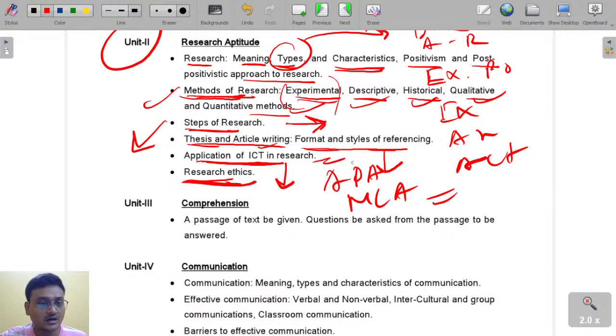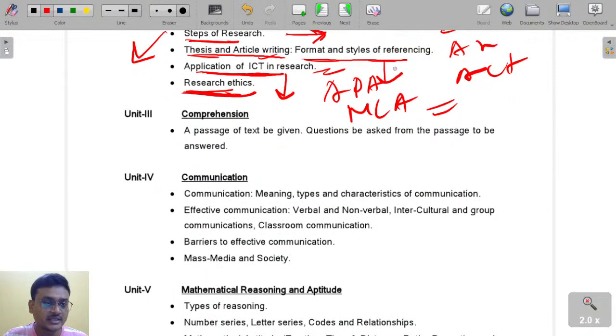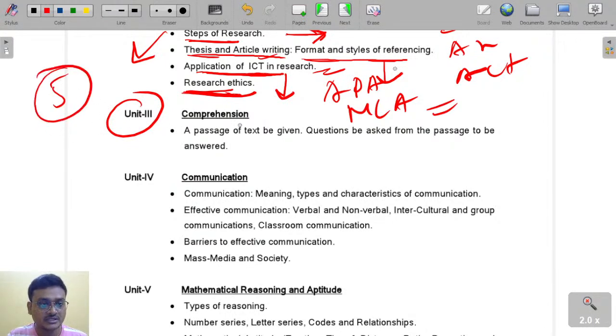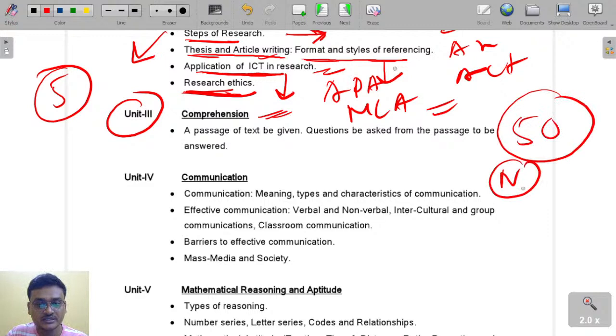Now there will be a comprehension. There will be one comprehension, with 5 questions in total. It is compulsory. You know that 50 questions are compulsory, and there is no negative mark. You will have to attempt them. Comprehension here means an unseen passage.